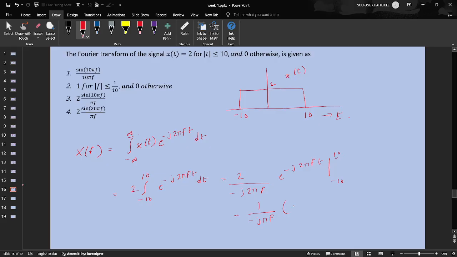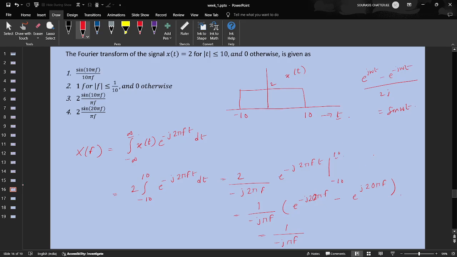We have e to the power minus j 20 pi f minus e to the power j 20 pi f, over minus j pi f. We can use the formula that e to the power j omega t minus e to the power minus j omega t divided by 2j is sine of omega t.